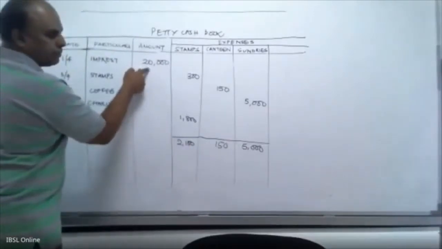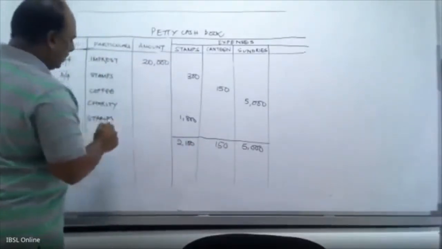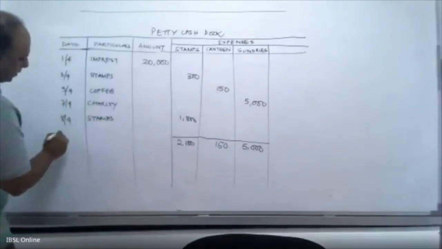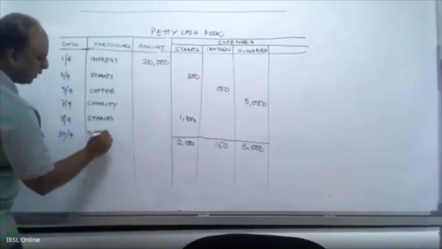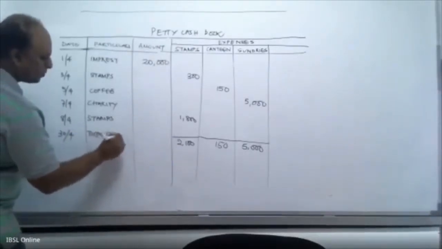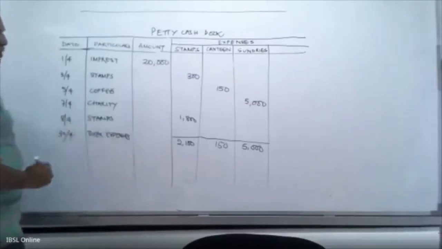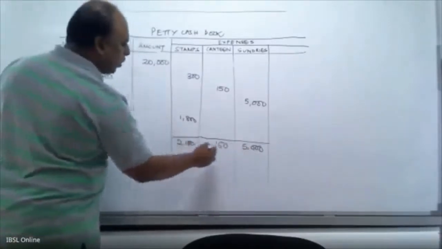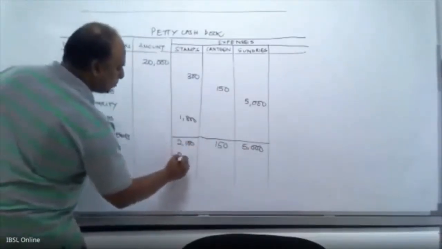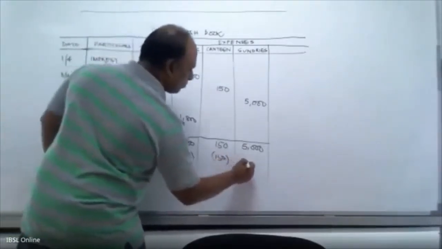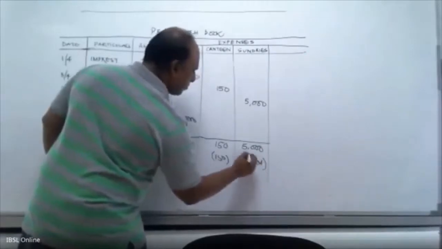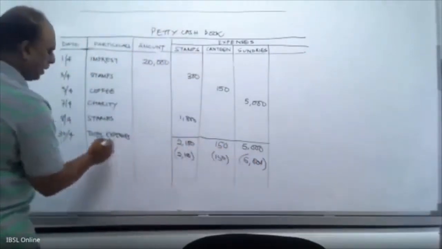Now, from where did you expend all these? From here. So what you need to do is, at the month end, let's say on 30th April, the total expenses would be, you have to reverse all these amounts and that total will come here.